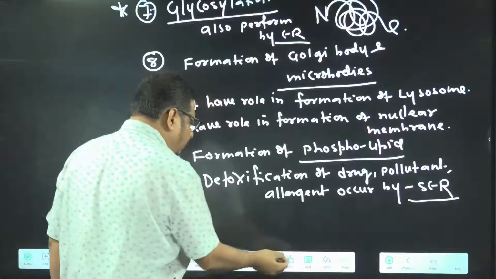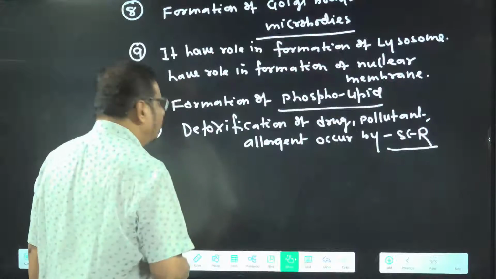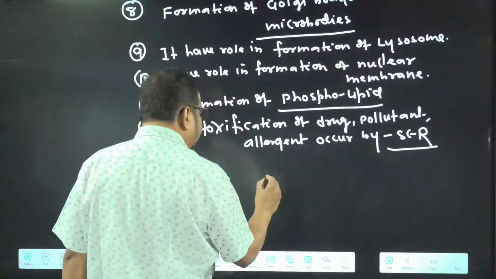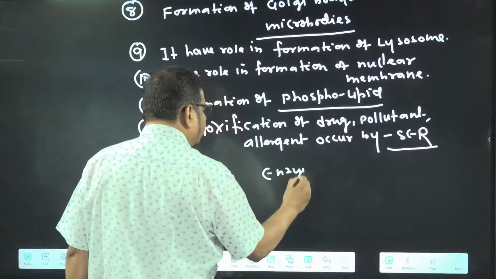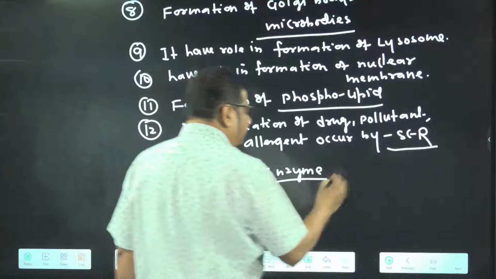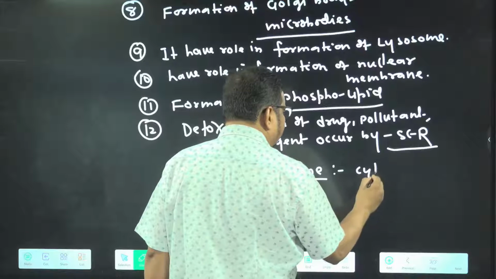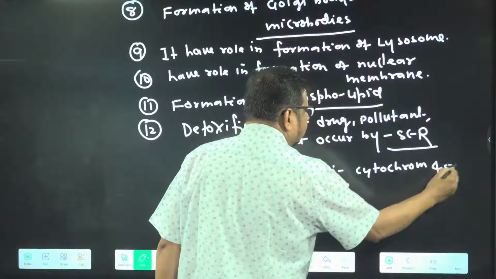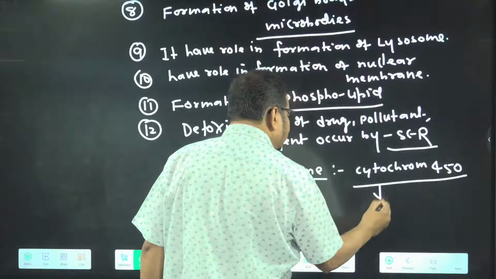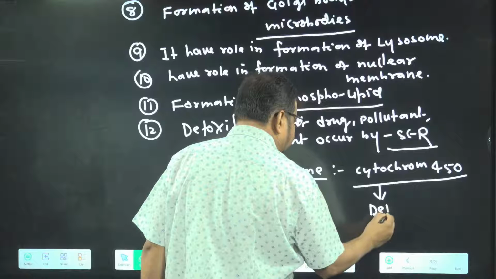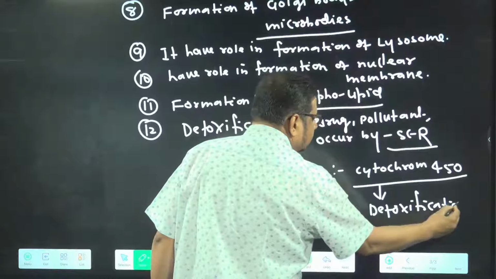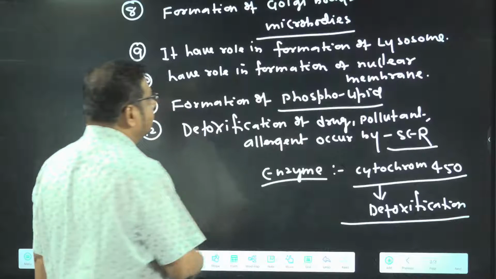Who is doing the detoxification of drug? Smooth endoplasmic reticulum. Getting the things? Actually, there is an enzyme present. That is cytochrome P450. This is responsible for detoxification of a drug.